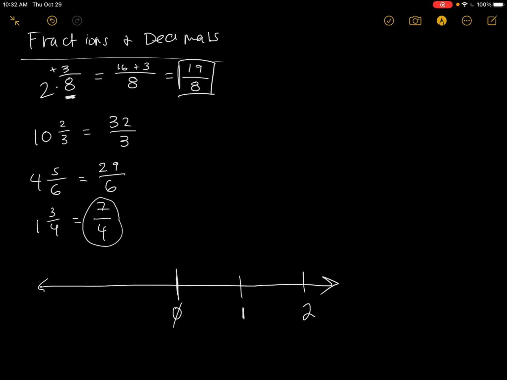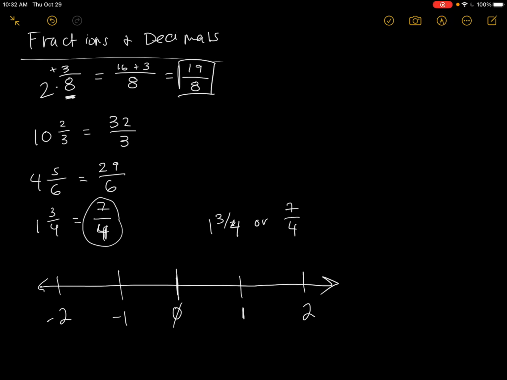So we've got 1, 2, we have 0, we can do a -1, -2 after this. Okay. All right, and then let's say I want to graph 1 3/4, or you can think of it as 7/4.